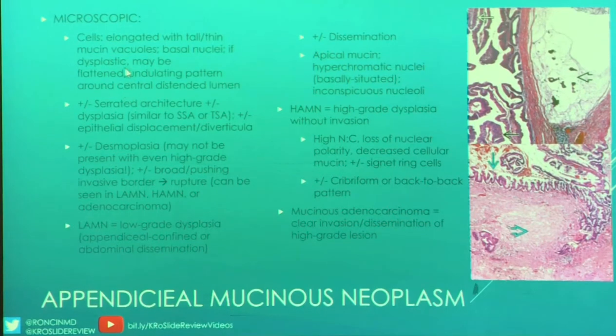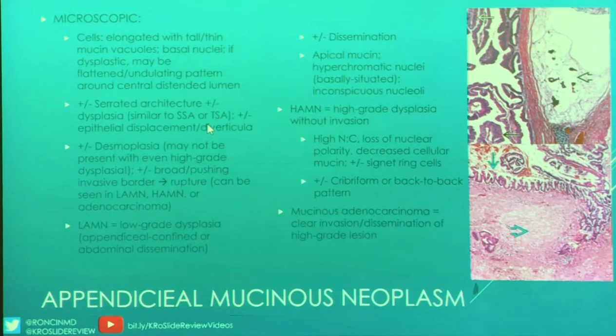So obviously if this is happening, you're not going to see that beautiful serrated architecture. We were able to appreciate that in ours, and you may or may not have dysplasia, similar to your sessile serrated lesions. And you can have epithelial displacement or diverticula.